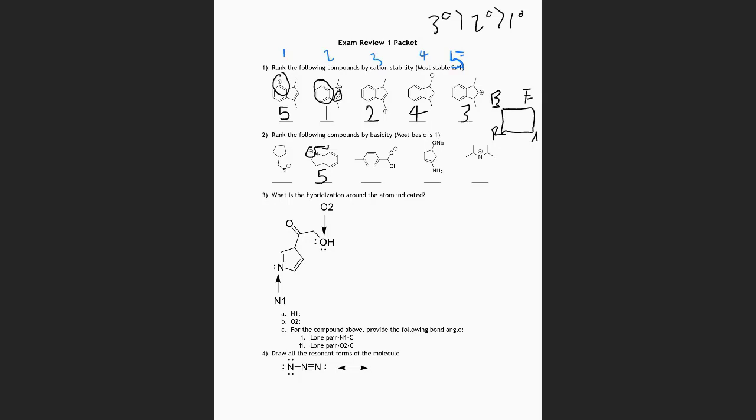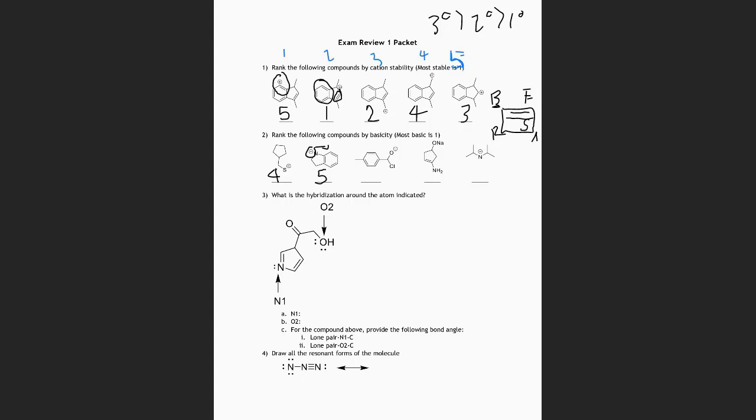Number 4 is going to be the sulfur right here. That's because if you look at our periodic table, sulfur is going to be down here. So it's stabilizing the negative charge, which means it's bad for bases. Next, we have 2 oxygens and a nitrogen. We know nitrogen is going to be a good base because of the periodic trend.